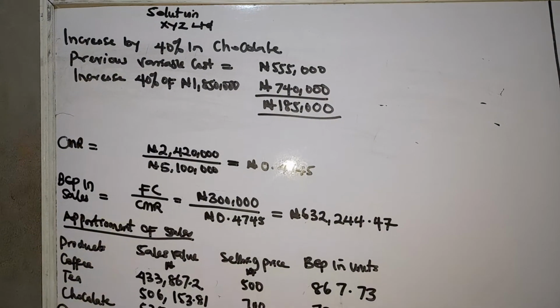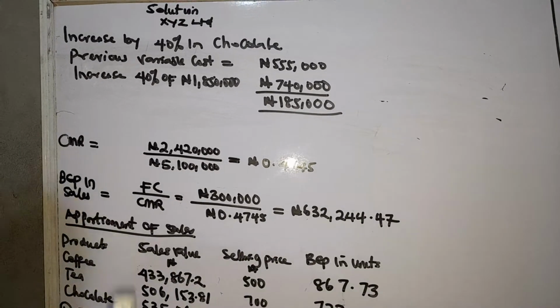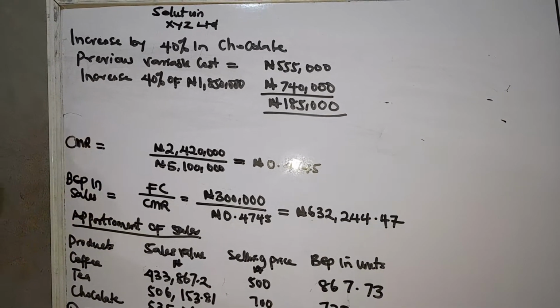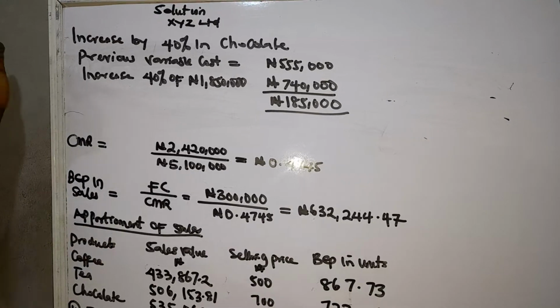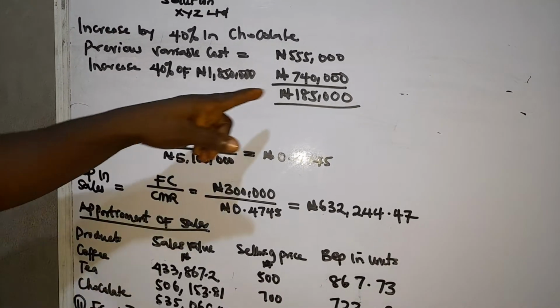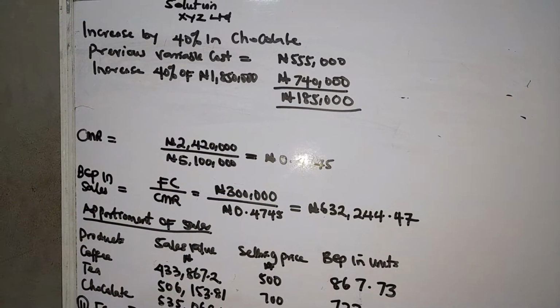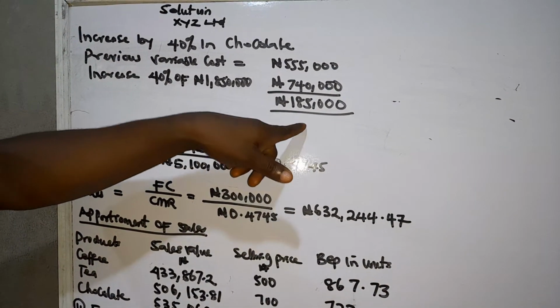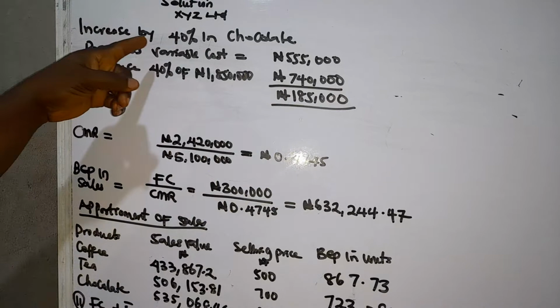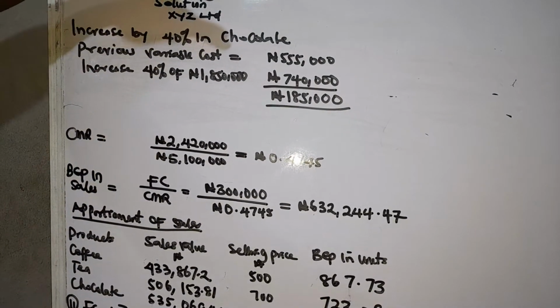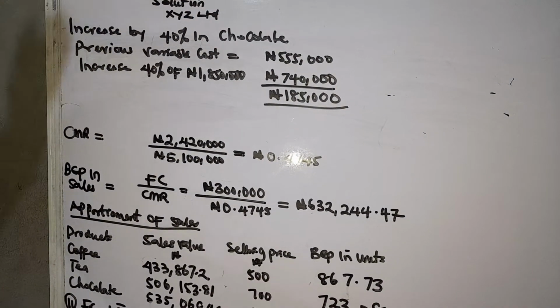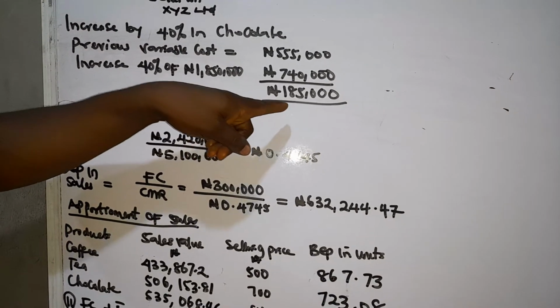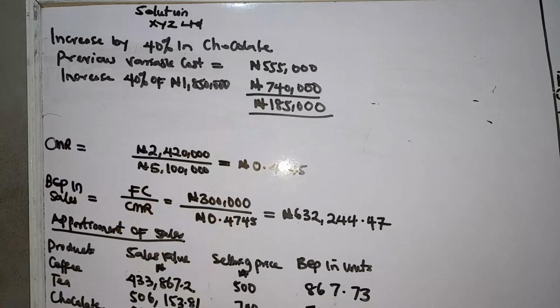This is the difference. What they are trying to interpret here is that the variable cost of chocolate will reduce contribution by this amount. Do you get it now? So contribution value will be reduced by this amount, since variable cost will move up by 40% in chocolate. So let's go back.